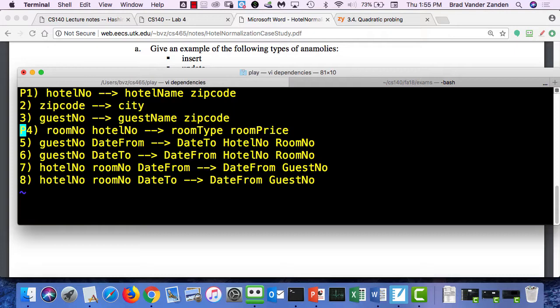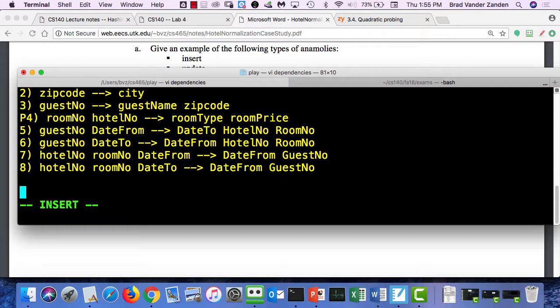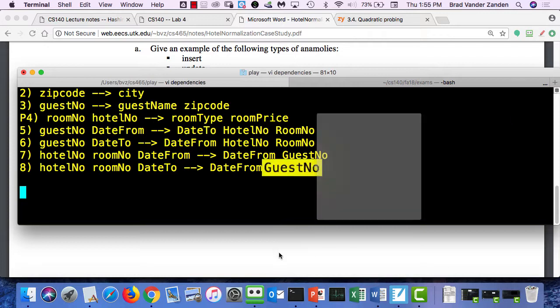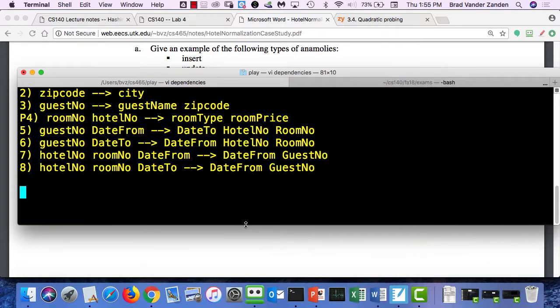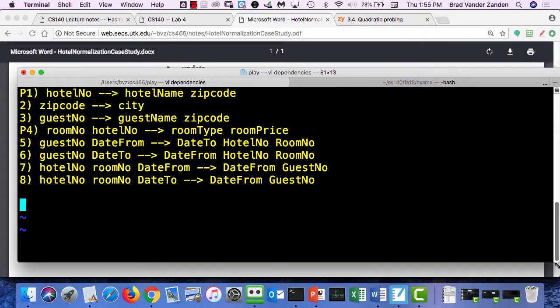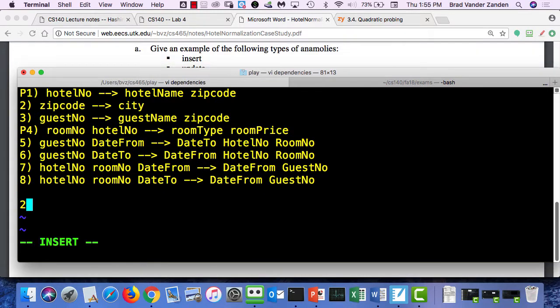So if I asked what are my second normal form relations, my second normal form relations are going to be, just like, I know I'm going to go a couple minutes over, but this will help a lot on your homework assignment, so just bear with me. So my second normal form relations, I would be using 1 and 4.